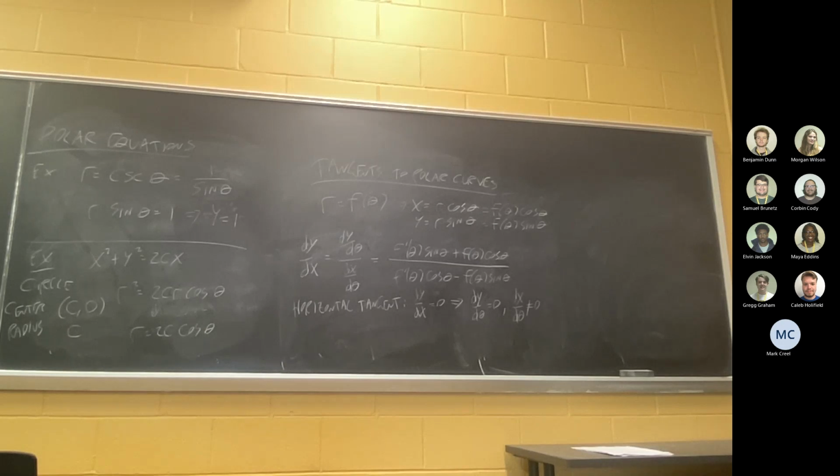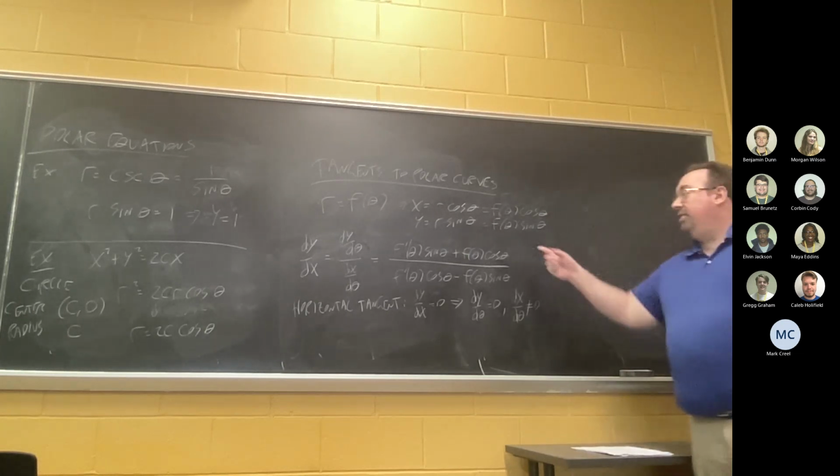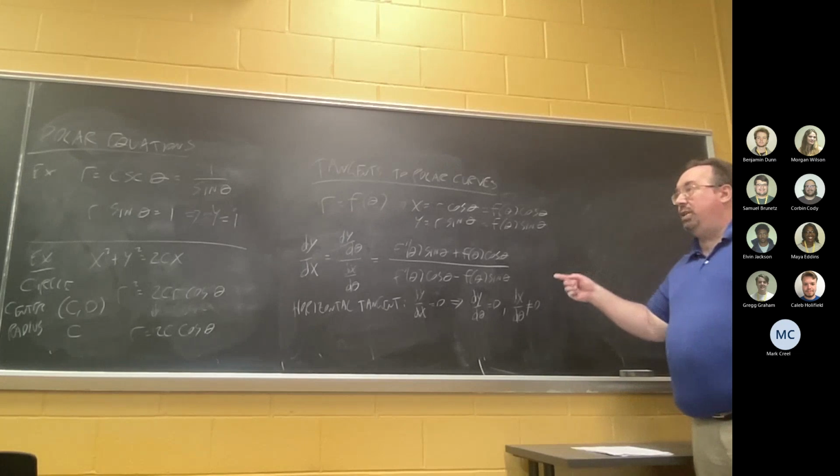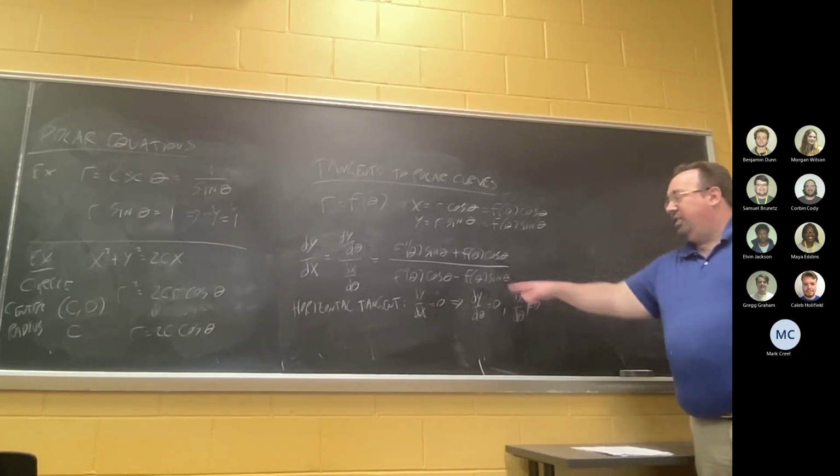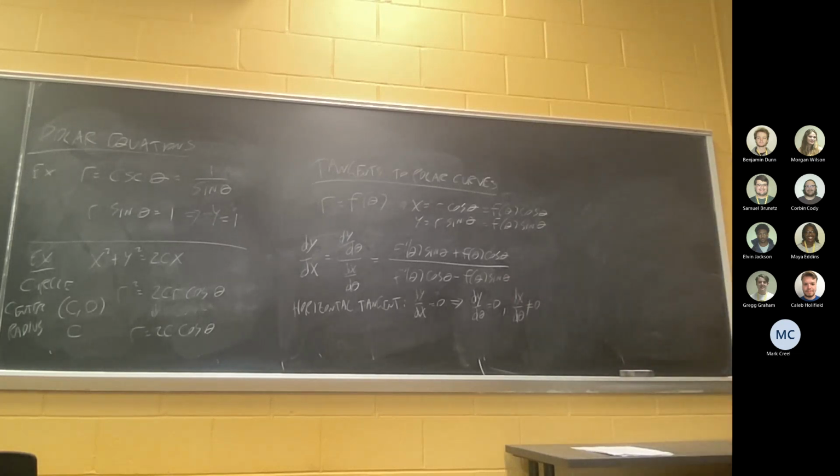So if you're asked, where does this polar curve have a horizontal tangent? You look at dy d theta, the numerator here, see where it's equal to 0, but make sure that whatever you get, the denominator is non-zero at those theta values or we don't count it.